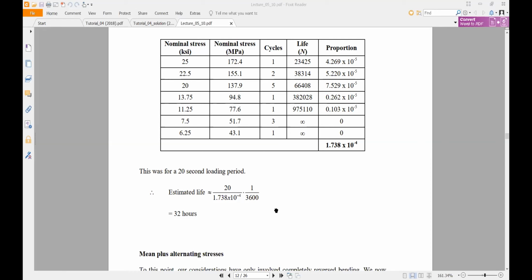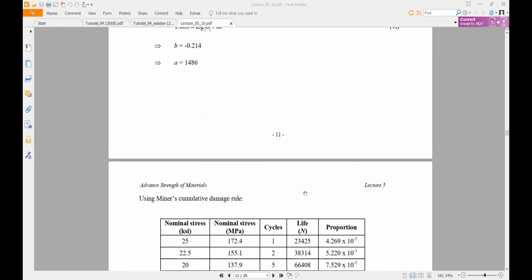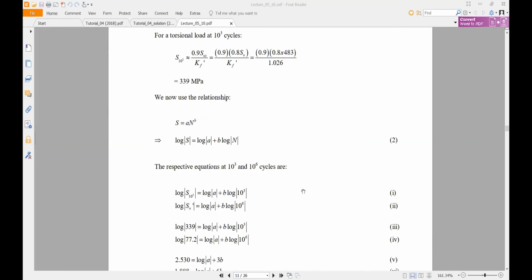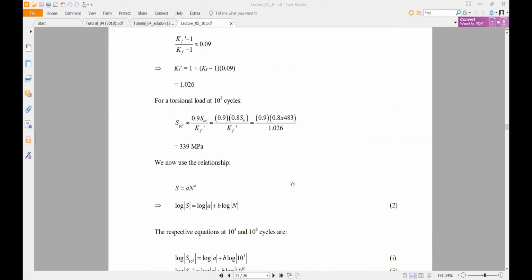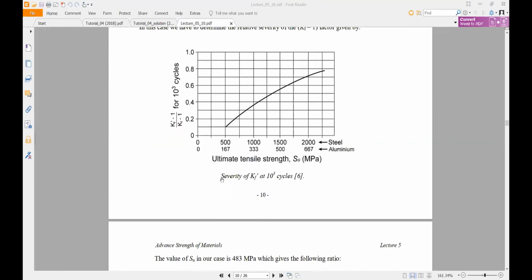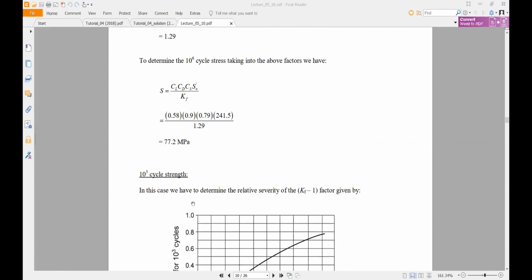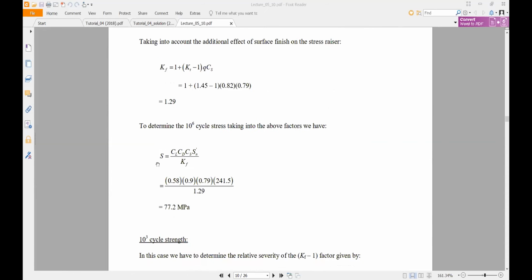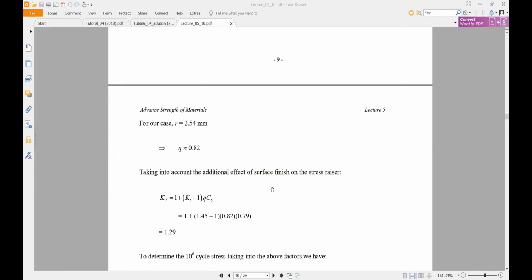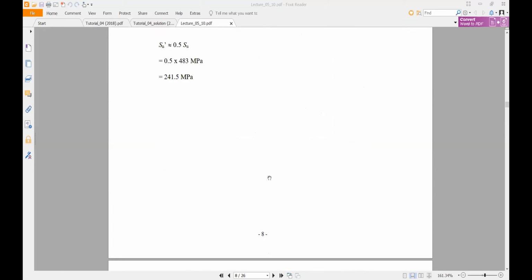Are we clear? Did you understand? Yes. If you have any questions, you can ask. I think you can deal with this strength calculation, the 10 to the power 3 cycle strength and the 10 to the power 6 cycle strength. This is SN prime, I mean the endurance limit. These calculations you should do.